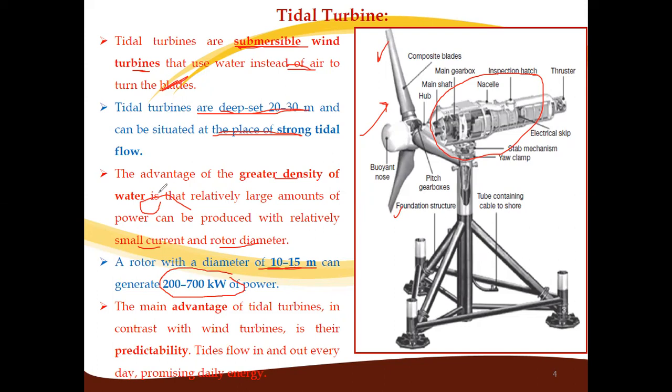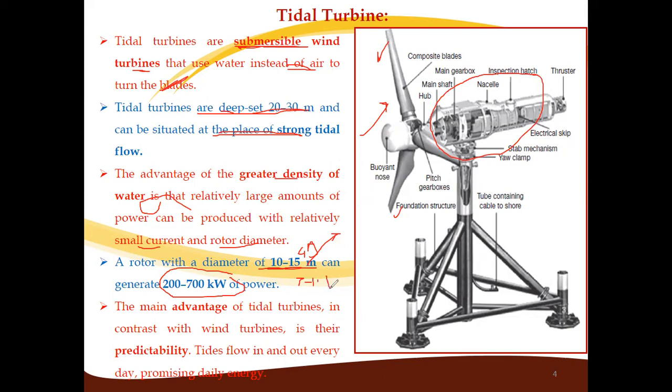Whereas the same power generated by a wind turbine requires a 45 meter diameter. For the same power production, we require 3 times more rotor diameter. Generally, this tidal turbine functions best at a flow rate of 7 to 11 kilometers per hour.